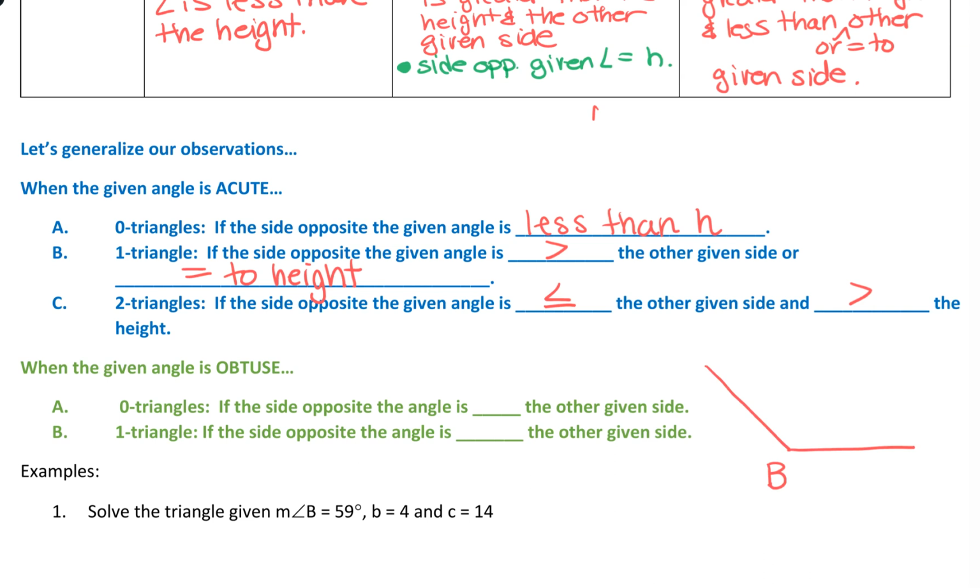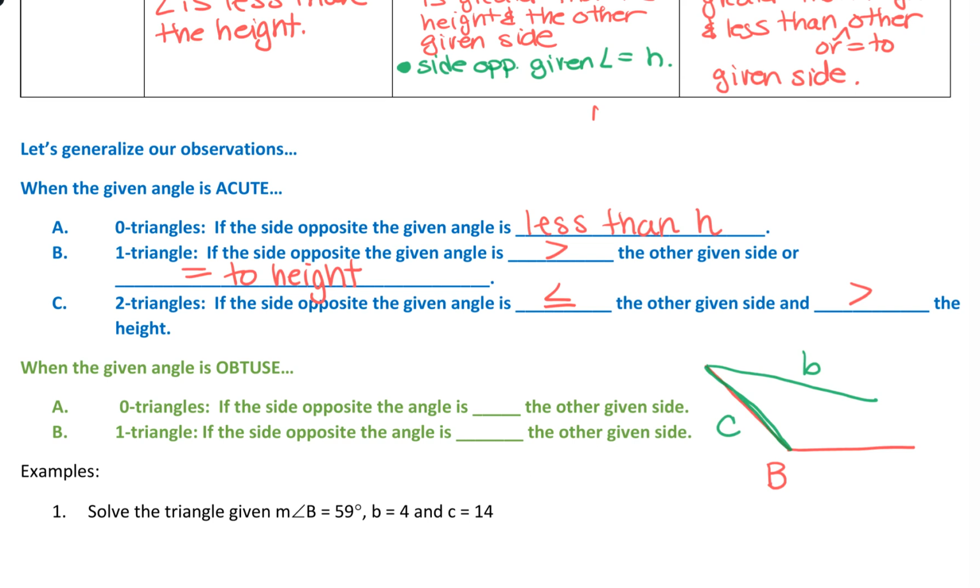In order to have the case of SSA, we have to be given the side that's opposite B. So we know this side, little b, and then we'd know another side. The other side I'm going to draw in right here. We'll call that one side C. Those are the things that are given.